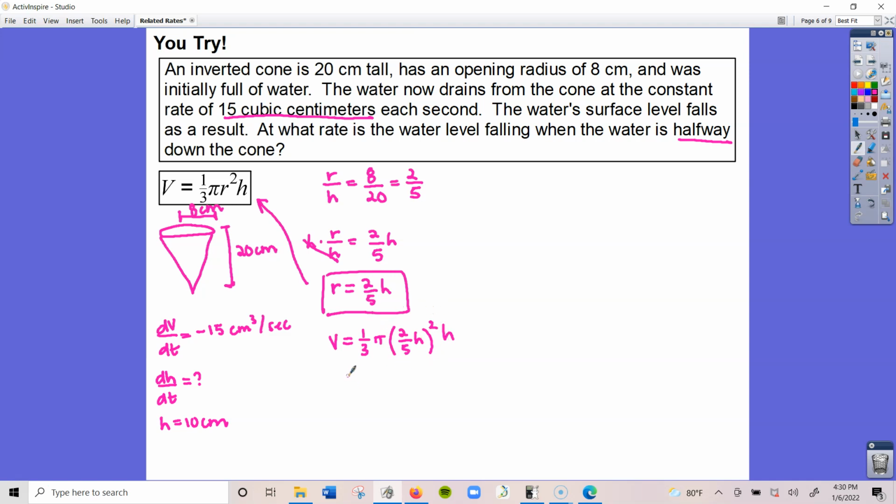Now we apply the exponent, so this is 1/3 pi, 2 over 5 squared is 4 over 25 h squared times h. And now we multiply all of this out, so this is going to be 4 over 75 pi h to the third. This is my volume.